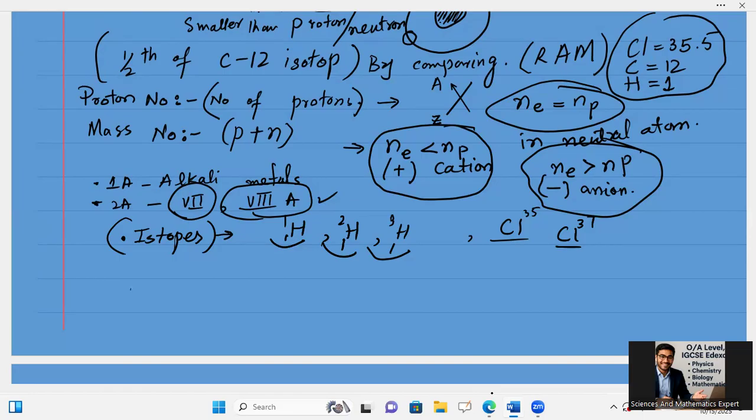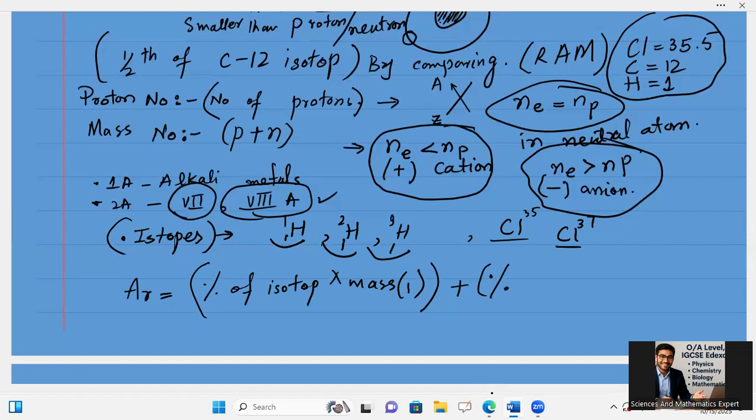Remember this formula which I am going to write: Ar equals the percentage of isotope 1 multiplied by the mass number of isotope 1, and then add the percentage of the second isotope multiplied by the mass of the second isotope.